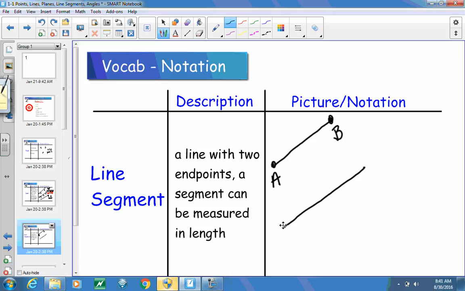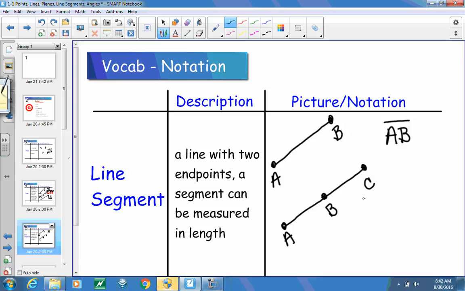I can have a line segment have many points on it. That's not a problem at all. So I can say that we have points A, B, and C on this line segment. As far as your notation goes, just like a line, you're going to pick the 2 points where it begins and ends. So I could talk about segment AB, and over the top of it, I'm going to draw a line with no arrows.